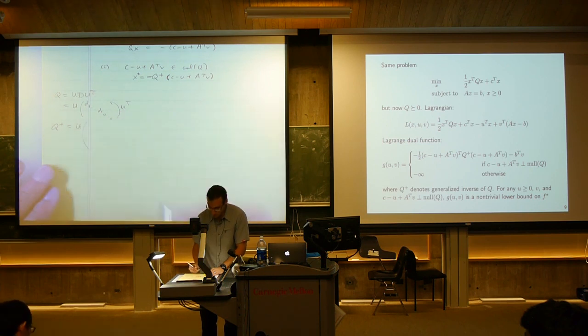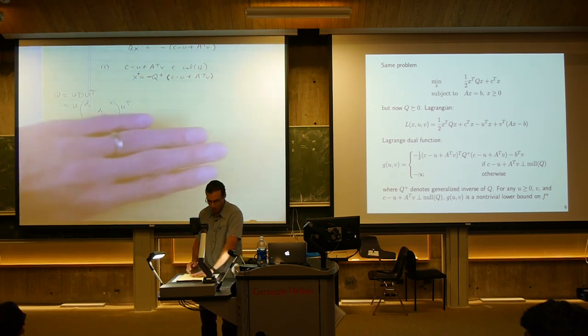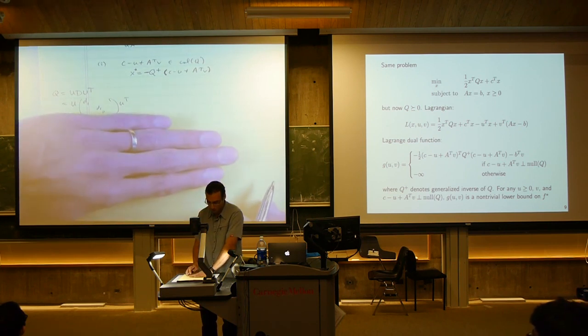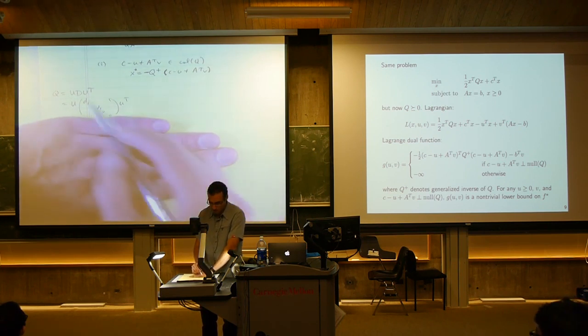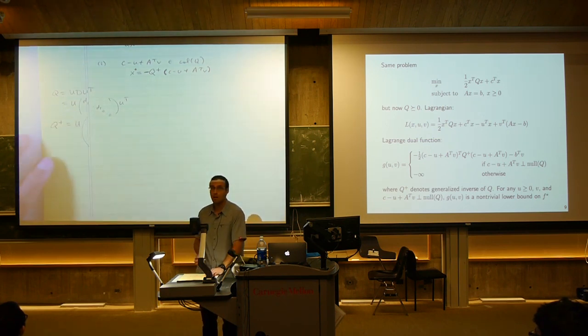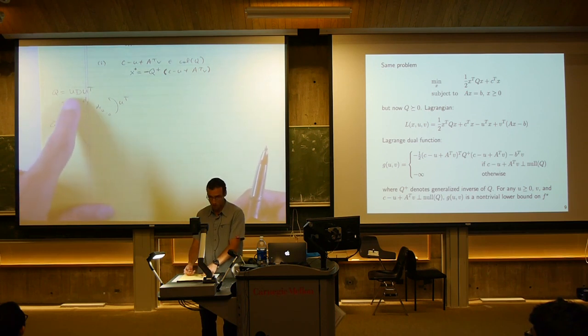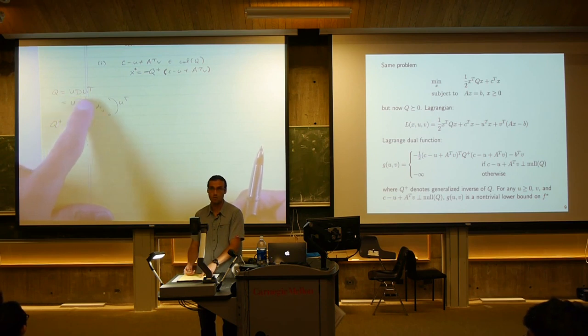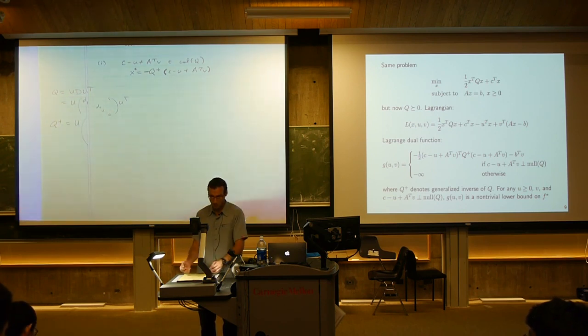Before I tell you what Q pseudo inverse is, what would Q inverse be if I gave you an eigendecomposition where all the diagonal elements were positive? It would just be U D inverse U transpose. You can check that by multiplying that matrix by Q. Remember, U has orthogonal columns, so multiplying those two together gives the identity.